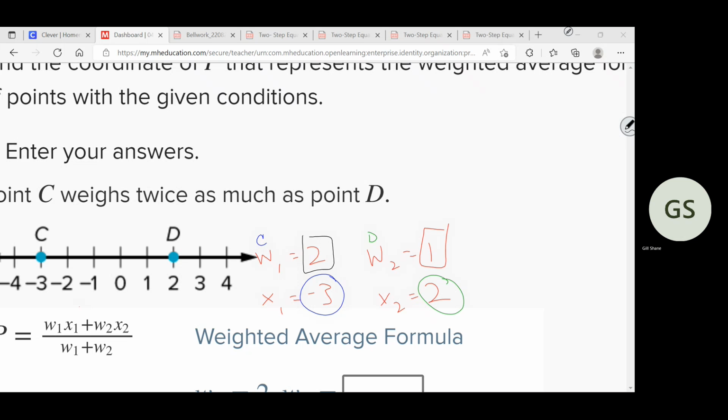W1. Then we need X1, which was what color? Blue. X1 next to C. We don't use that at all down there. W2, red.